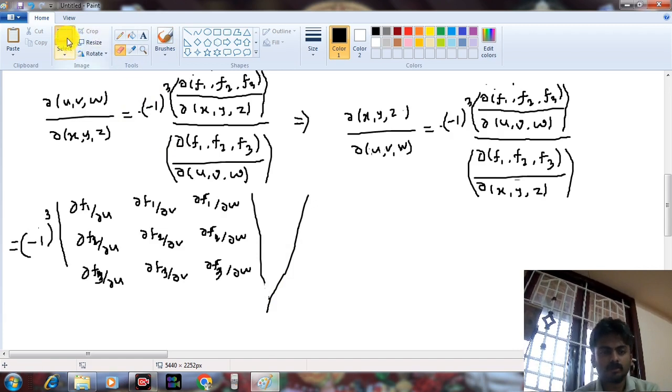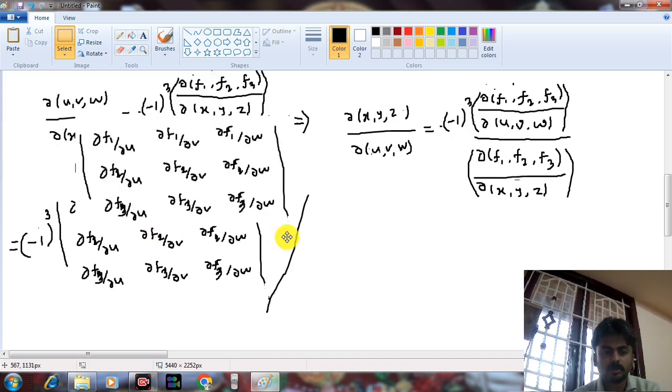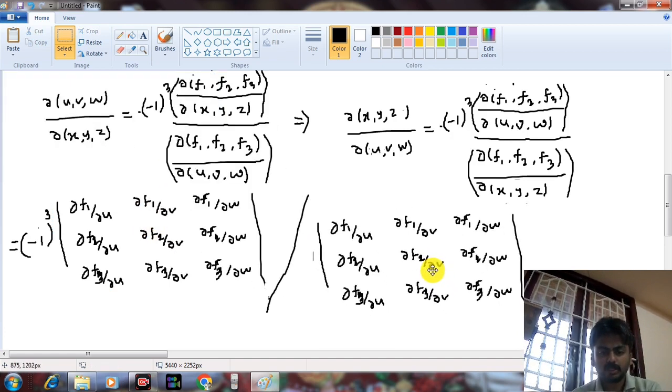I am copying the entire matrix, the entire determinant, and I will paste it here.